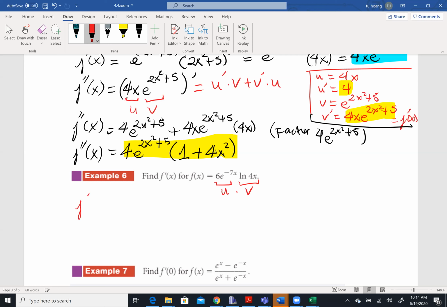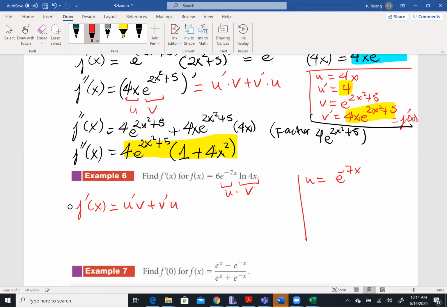I'm going to have f'(x) equal to u derivative of v plus v derivative of u, and a side work. Actually, I don't need to put the 6 here. I should let u equal e to negative 7x.